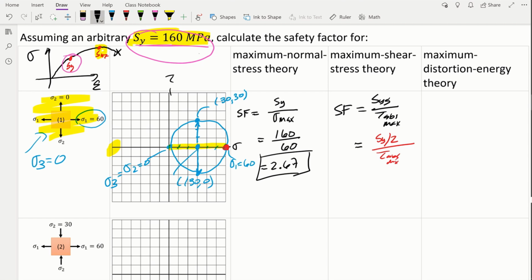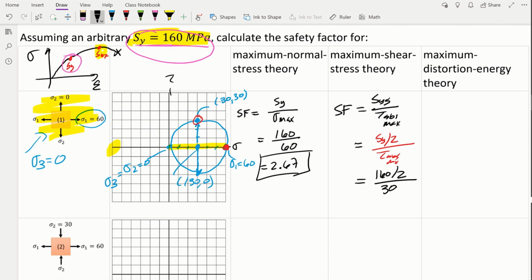So as we put those values, the yield strength of the material is 160. We will divide by 2 to get the shear yield strength, the yield strength of the material under shear. Oh yeah, it's a tongue twister. Anyway, we take this value and we're going to divide by the absolute maximum shear stress, which in this case we found to be at this point over here, which is 30.